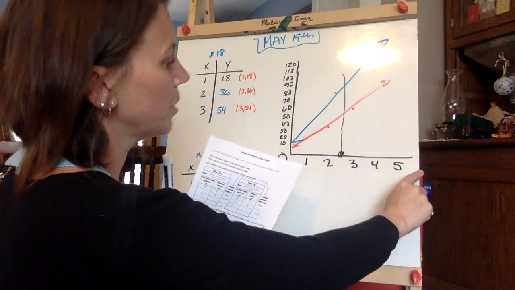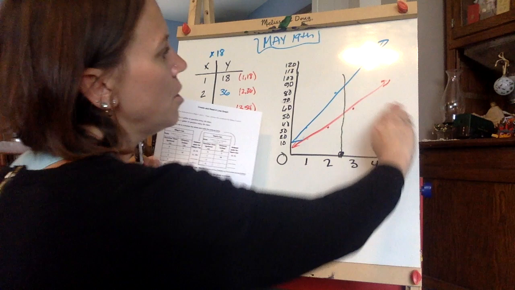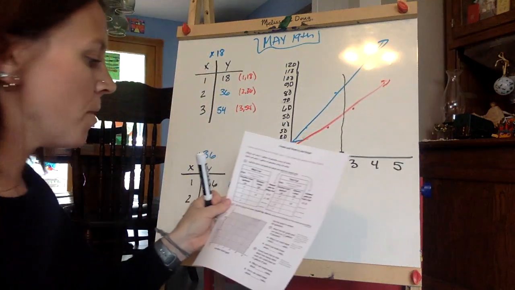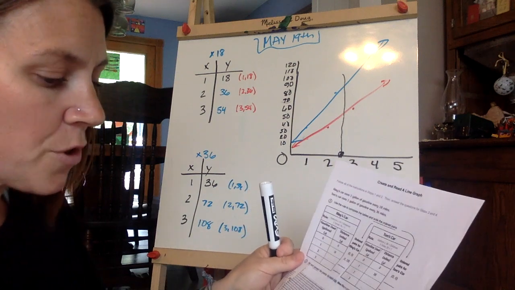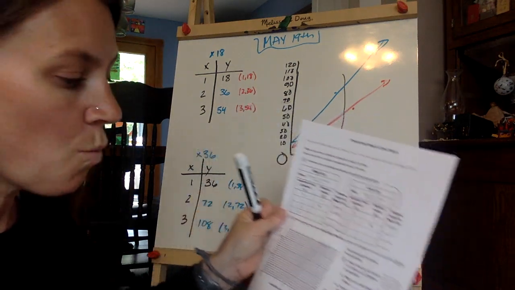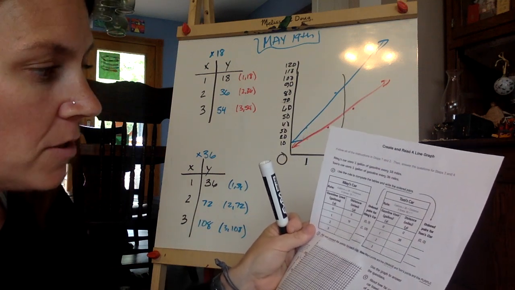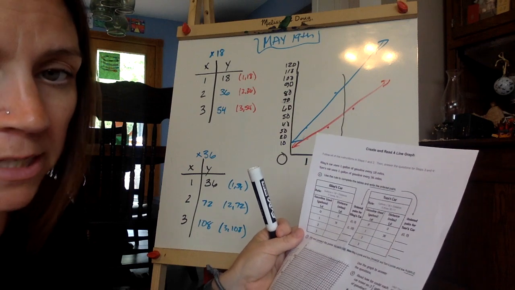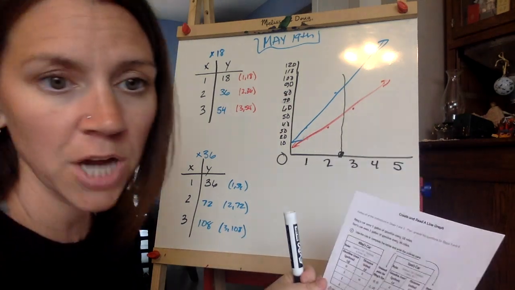I don't have enough room right here. Yours does have enough room, but I would just keep extending those lines and then following the 6 up. Or if you want to, it is okay if you want to just do the rule to figure out what would be 6 gallons of gas, because we know each gallon is either times 18 or times 36, depending on if you're doing Riley or Tom.